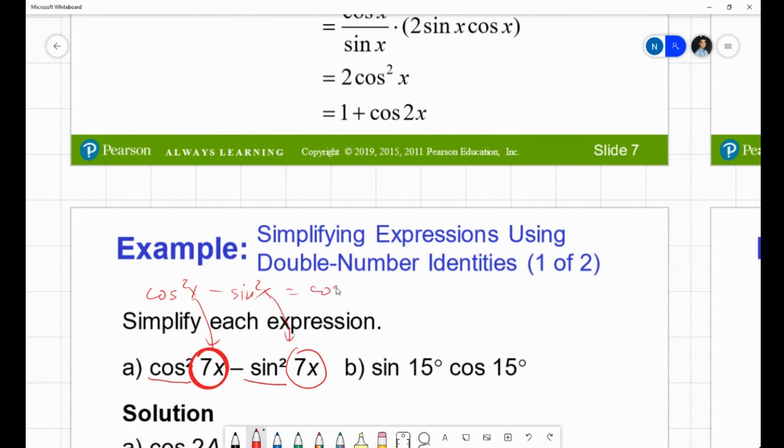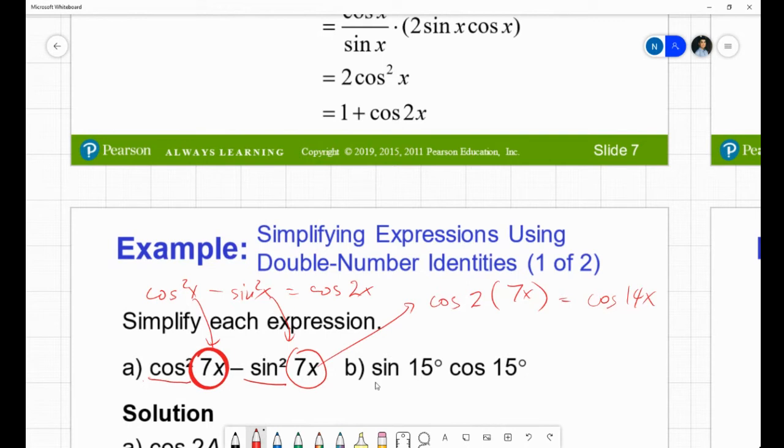So this is cosine of 2x, which is cosine of 2 times the argument, and the argument here is 7x. So that means we have cosine of 14x.